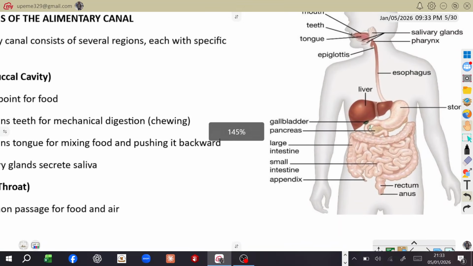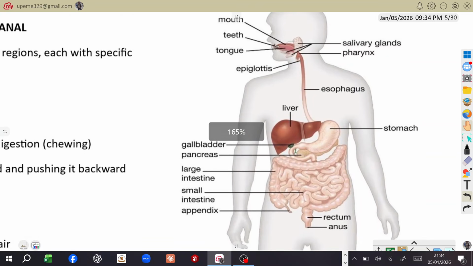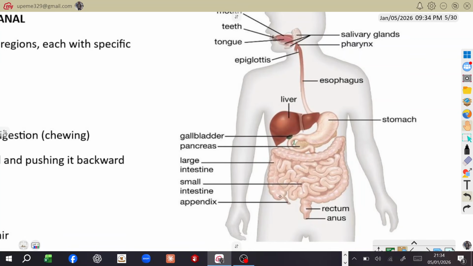So we have the mouth, esophagus, stomach, then small intestine, then large intestine, then anus.